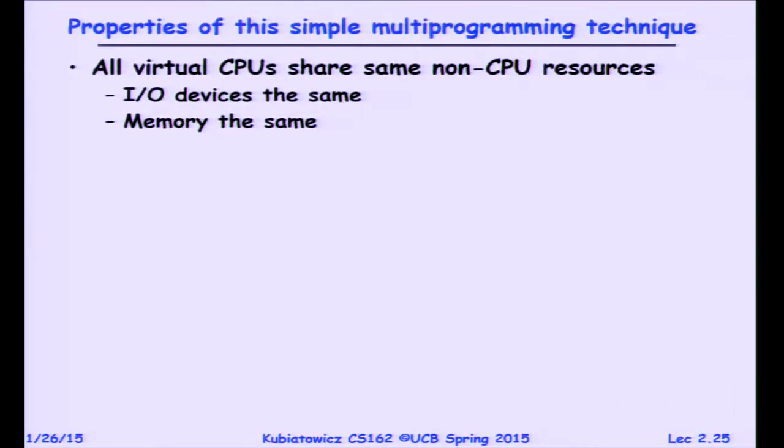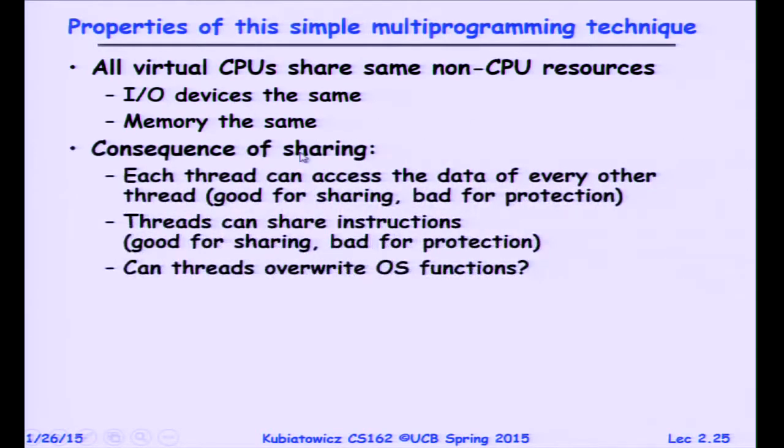So the properties of this very simple technique we've been talking about is all virtual CPUs share the non-virtual resources. So all of the I/O devices are the same. The memory is the same. And the consequence of doing this is each thread that's running can access the data of every other thread. Because all we're doing is just switching one out, switching the next one in. We're not doing anything with the memory.